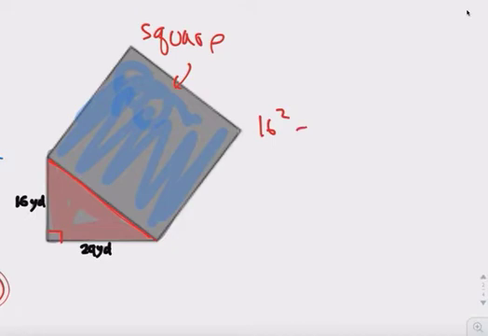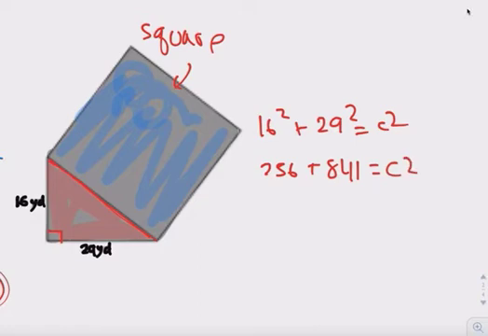16 squared plus 29 squared equals c squared. 16 squared is 256 plus 29 squared. 29 squared is 841. Okay, add them together.